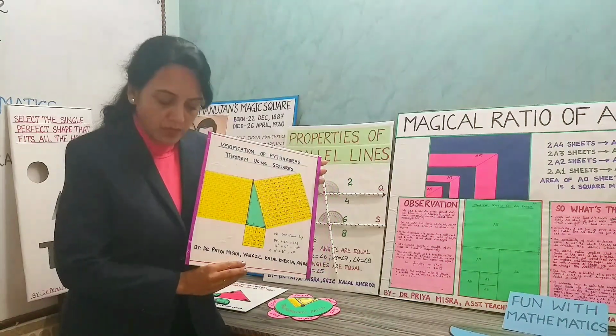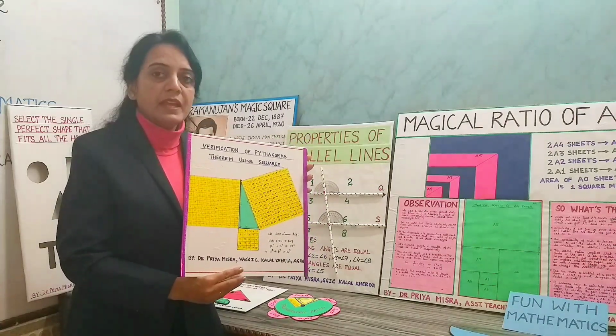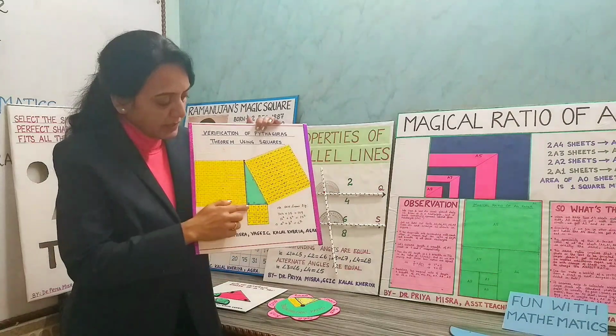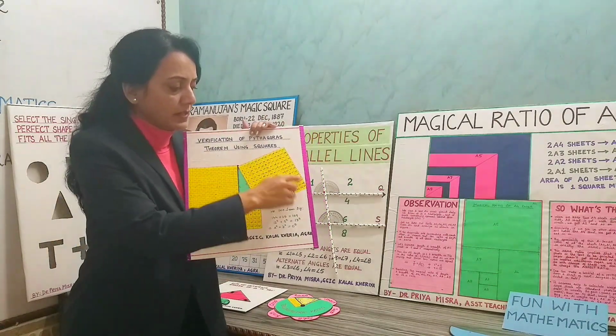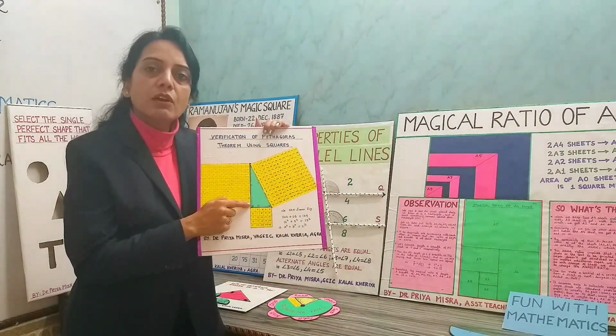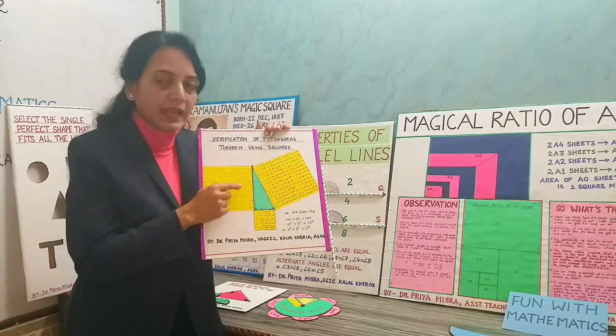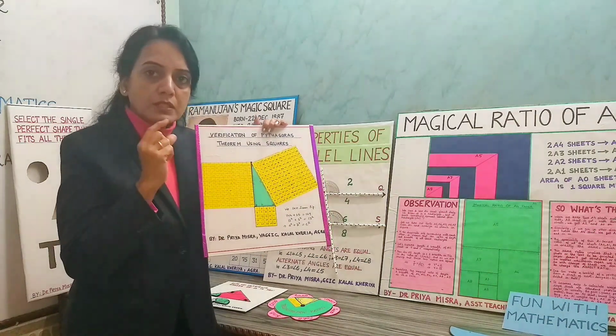We all know about the Pythagoras theorem, and in every book, verification of the Pythagoras theorem is done by making squares on the sides of the right angle triangle, because it is easier to calculate the areas of squares.